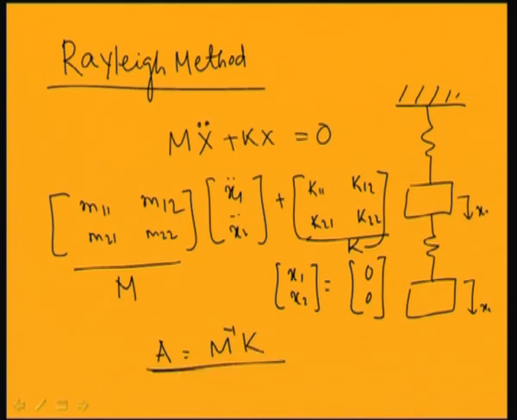After finding this dynamic matrix I can find the eigenvalues of the dynamic matrix. These eigenvalues correspond to the square of the natural frequency, and also after finding the eigenvalues I can find the mode shapes or normalized modes of the system, which are the eigenfunctions of the system.